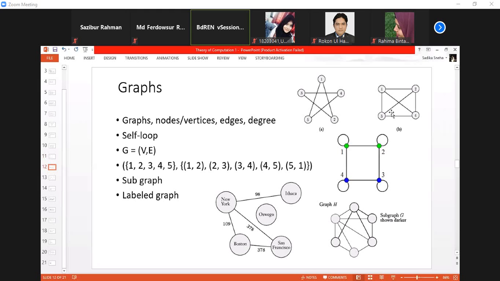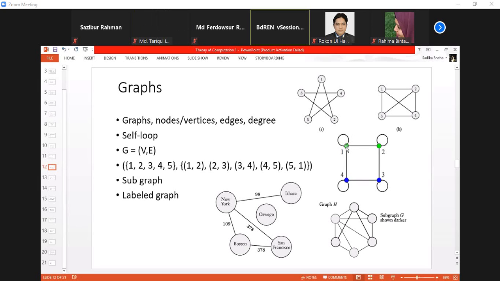Now, last day we were stuck on self loop. A self loop is when the starting node and the ending node of a particular edge are the same.